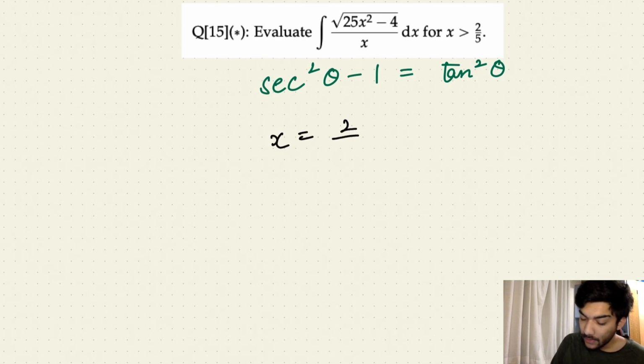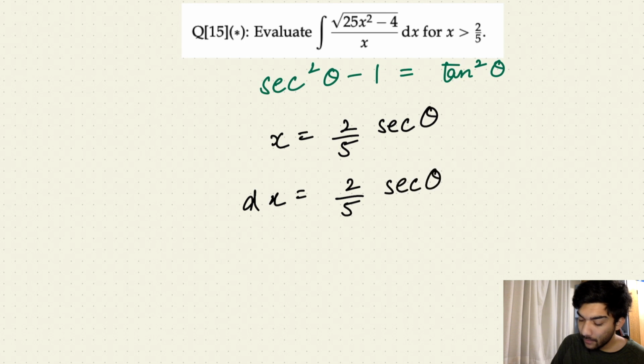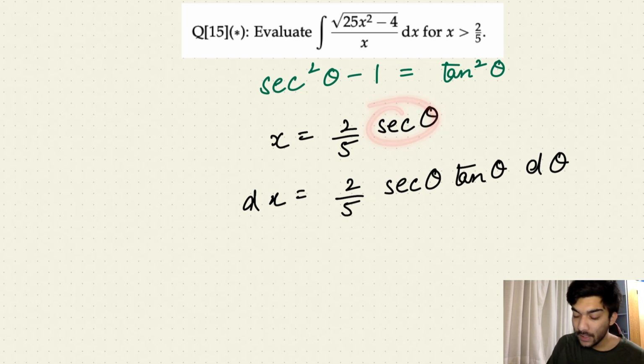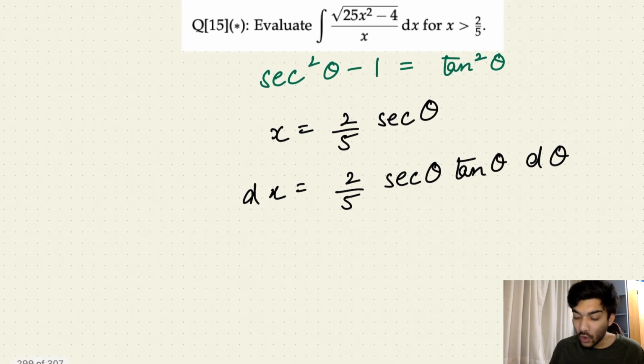So if we take our x to be 2 by 5 secant theta, our dx would be 2 by 5 secant theta tan theta d theta, right? Because the derivative of secant theta is secant theta tan theta. So now let's plug in all the values of x and dx and do the substitution.